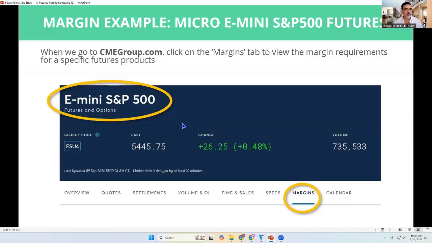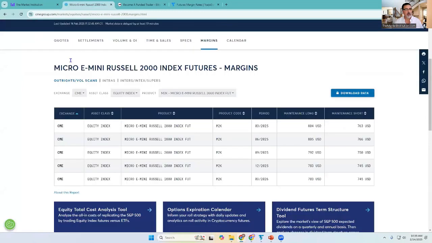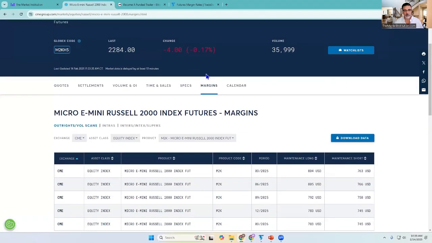When we go to the CME Group, you can click on margins and see what that margin rate is. Let's do that one real quick here. This is on the micro Russell, the exchange, CME Group.